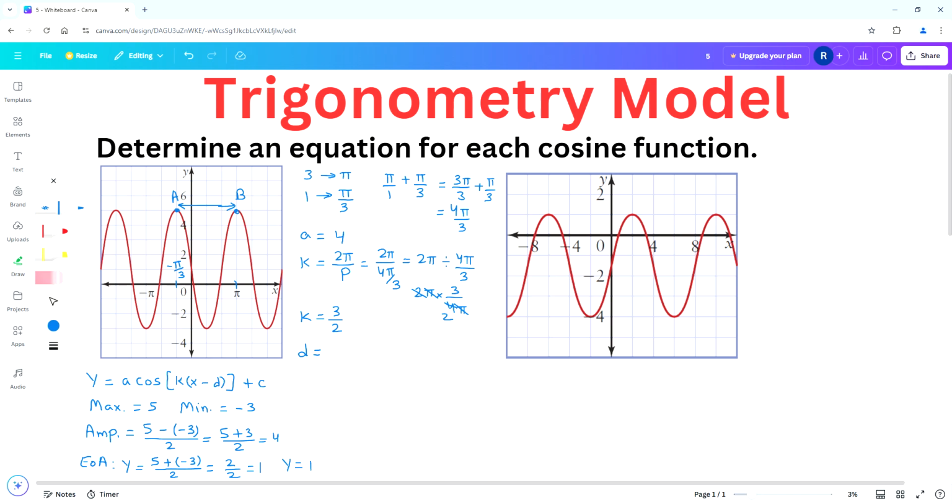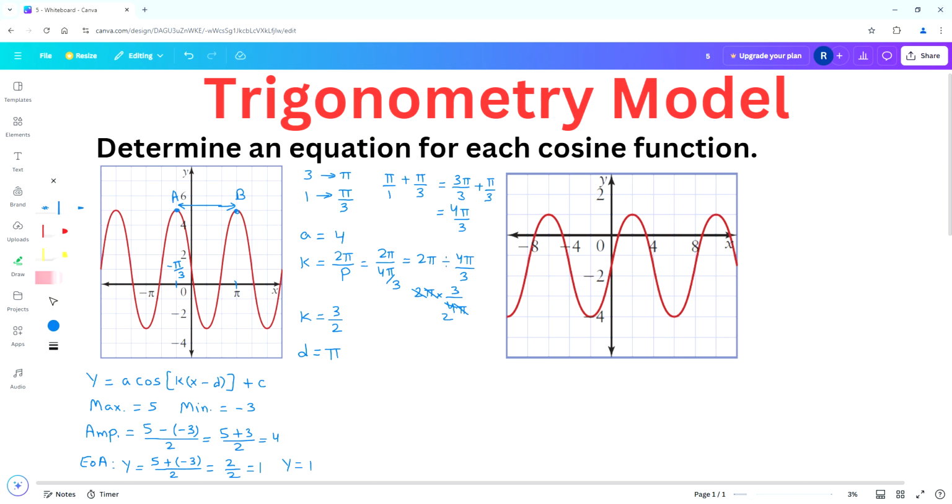Point B has been translated pi units to the right side because point B is pi units away from the y-axis on its right side. Since the horizontal translation is to the right side, the d value should be positive and it is equal to pi. We can use either point A or point B for phase shift. The equation will be considered correct.